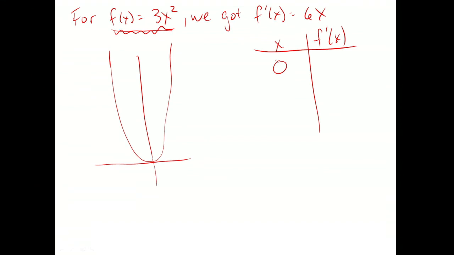So let's pick an easy x value first, maybe 0. Well, at x equals 0, the derivative here is 6x. That's what we computed. If I plug in x equals 0, you get 0.